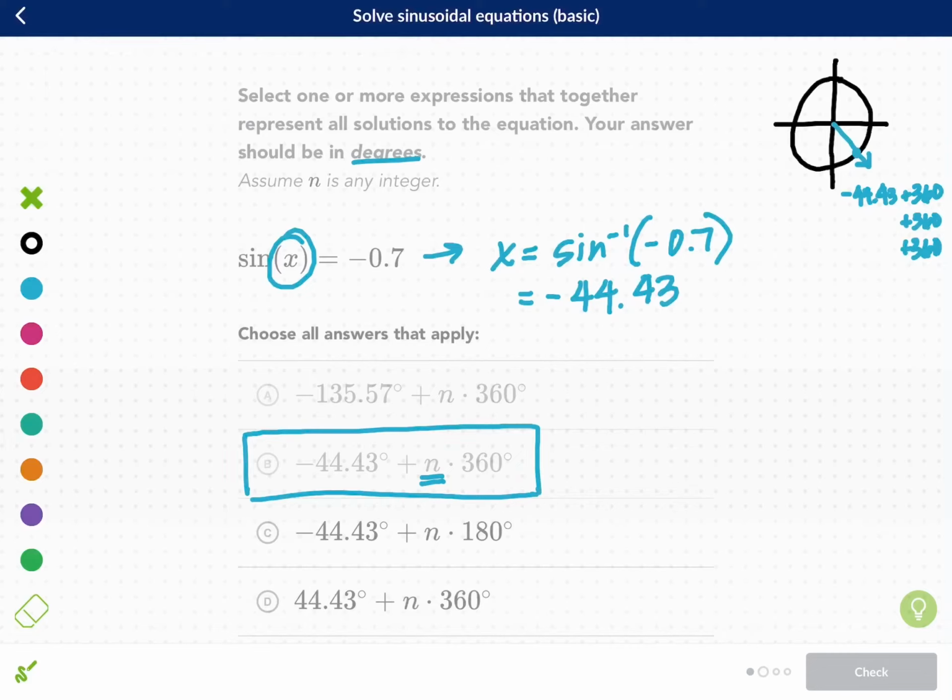But think again, sine is a y value. Where else do we see that same exact y value? Well, on the opposite side, right here. Which this angle is still negative 44.43. So in this case, we are just 44.43 past 180. So 180 plus 44.43.